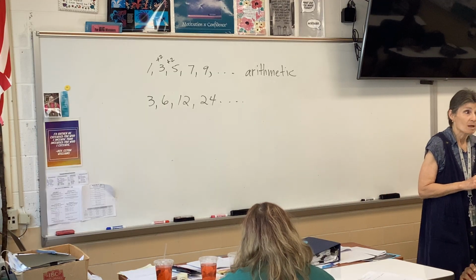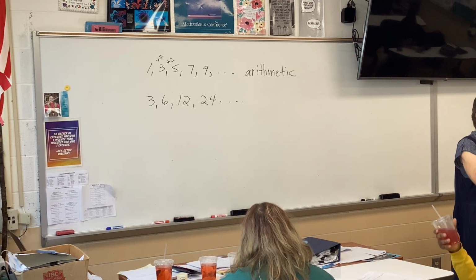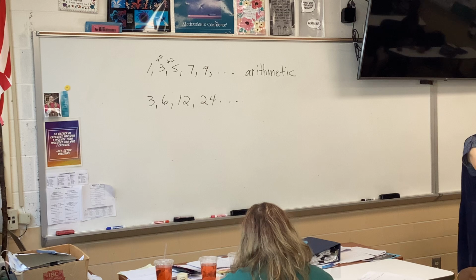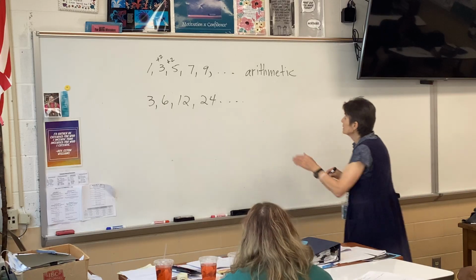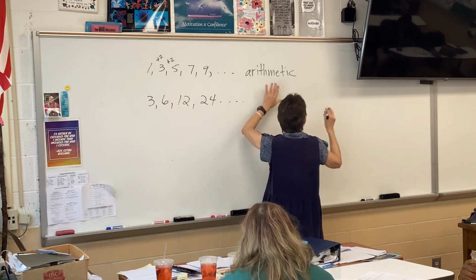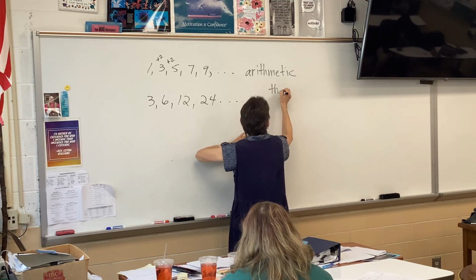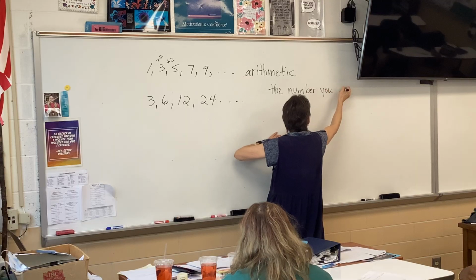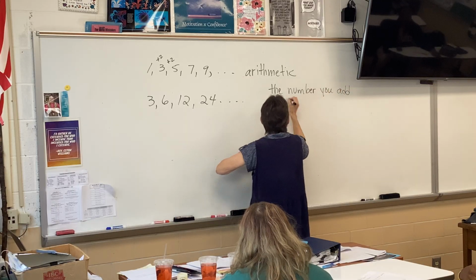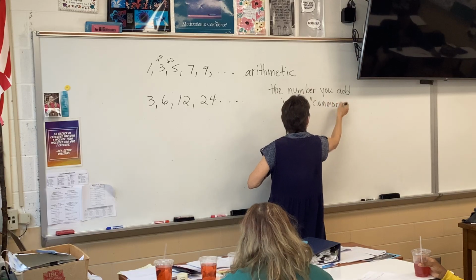Now, that number can be negative. In other words, the terms don't have to be getting bigger, they could also be getting smaller, but the difference is the same. The number that you add is the common difference.